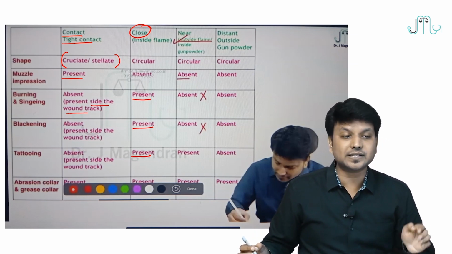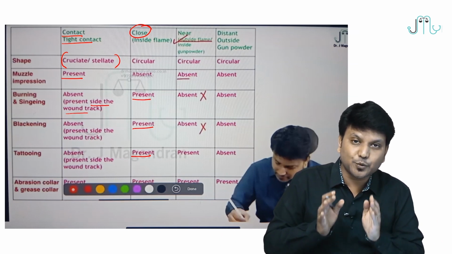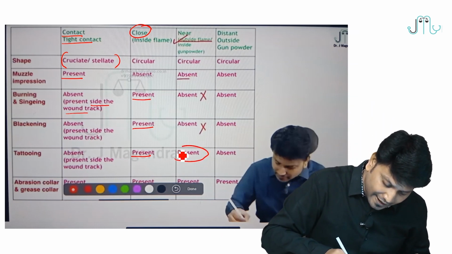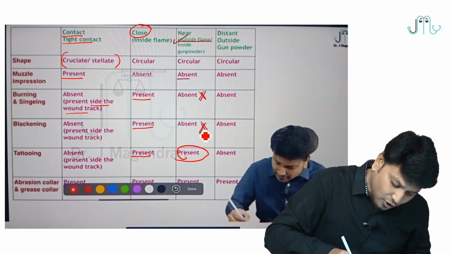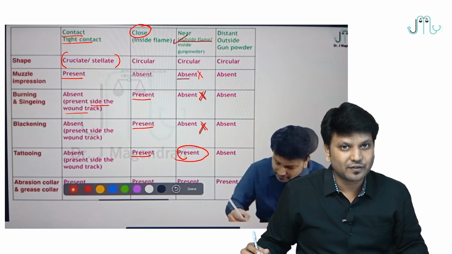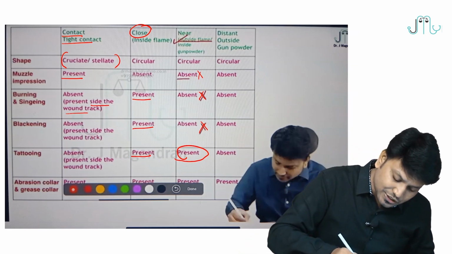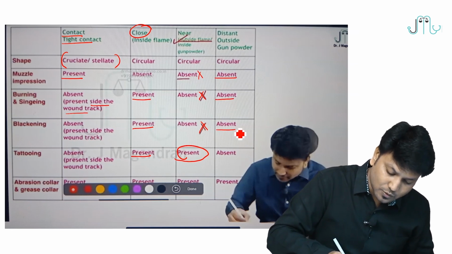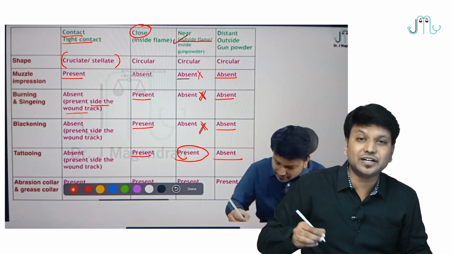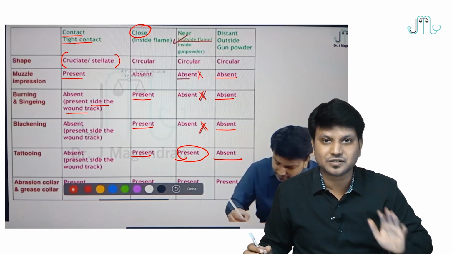Near range, I told you it is outside the flame but within the gunpowder range, so it should be having tattooing. Yes, it should be having tattooing, but other things will not be seen. It is near range, which have been asked in the exam. And distant shot is one, there is no muzzle impression, there is no burning, there is no blackening, there is not even tattooing, because it is outside the gunpowder, that is distant range.